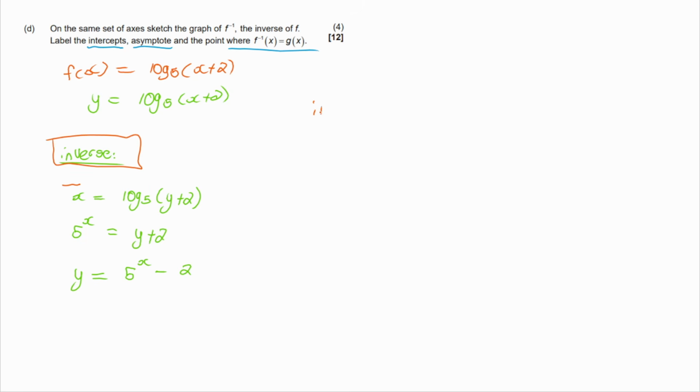When we inverse, the x and y swap. So when we're dealing with the normal function, the x-intercept, when we inverse it, now becomes the y-intercept. So the x-intercept of f becomes the y-intercept of the inverse.